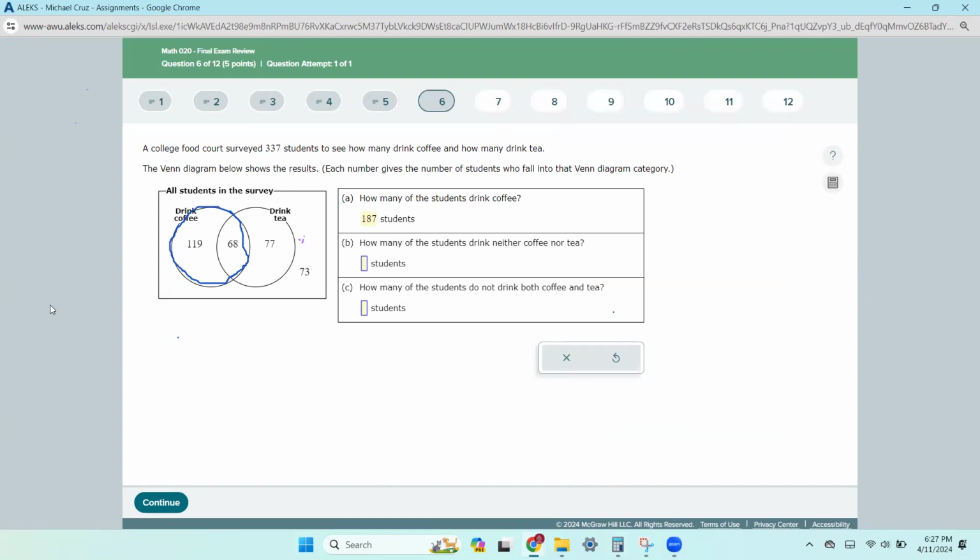All right. So with this, how many of the students drink neither coffee nor tea? 73. In other words, how many of them drink something else? Because what they're saying is how many don't drink coffee or tea. So these are the people who drink coffee or tea, so the ones that do neither are the ones out here.